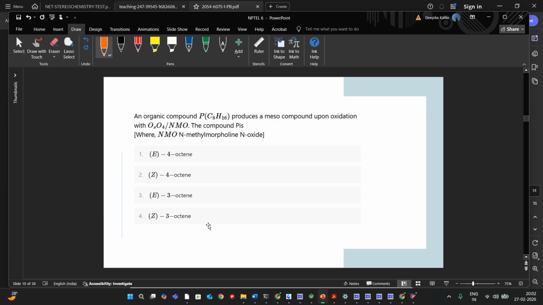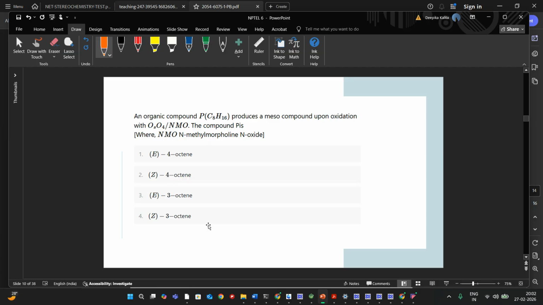So you have to identify the structure of the compound P, which has the molecular formula C8H16 and produces a meso compound upon oxidation.